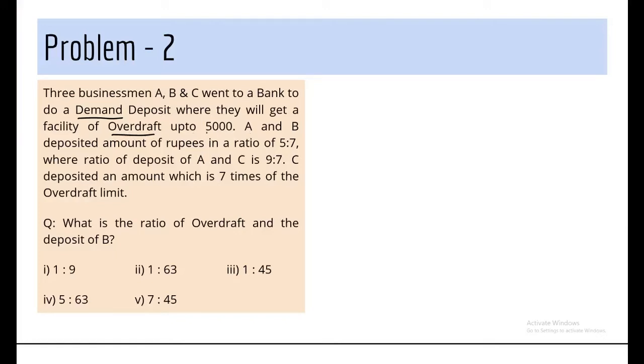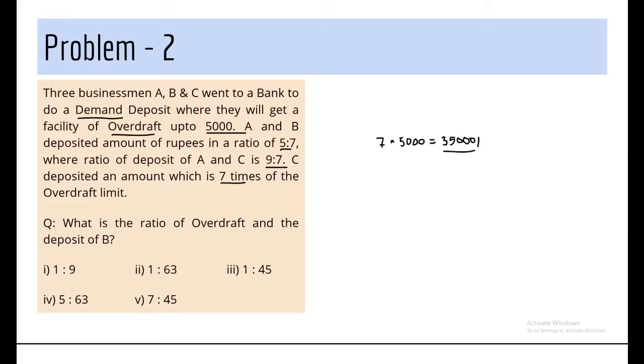Later we will see what these terms are. Money deposited for A is to B is 5:7 and A is to C is 9:7. C deposited an amount which is 7 times the overdraft limit, that is 7 into 5,000, which means 35,000. This is the amount of money C deposited.